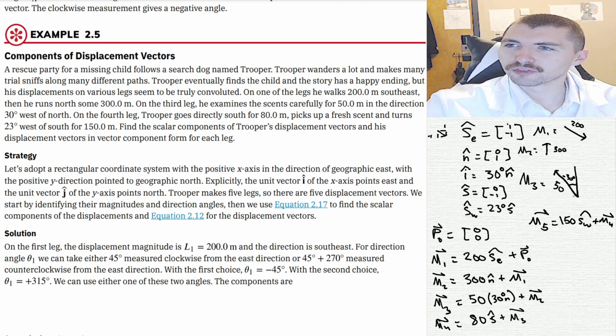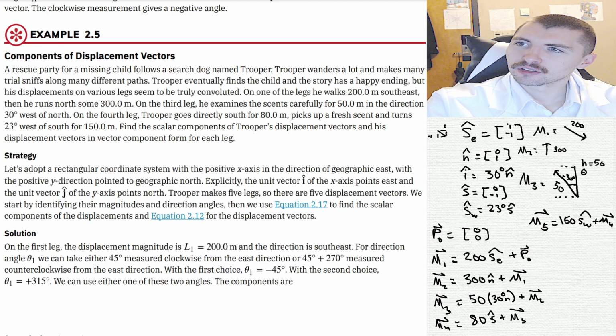I guess it does want me to find this component. So what is this asking? We know the hypotenuse h is 50, theta is negative 30. We want to know the adjacent.